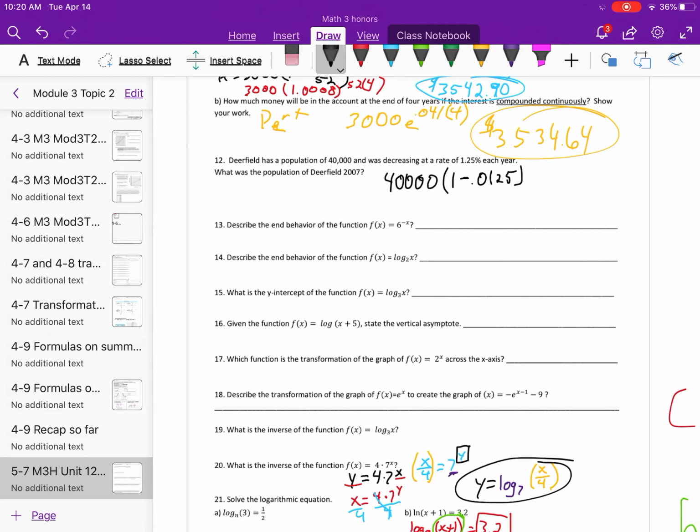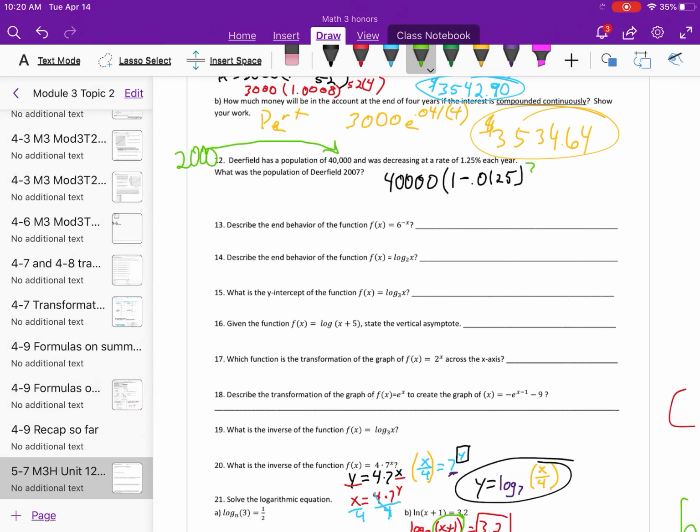What is the population of Deerfield in 2007? It doesn't give you a first one though. Oops, I forgot to give that. Well, let's just make this population right here in year 2000. So that will make it a clean 7 years, and then you'll see how much the decrease is. So that's my mistake. I should have put a year there.